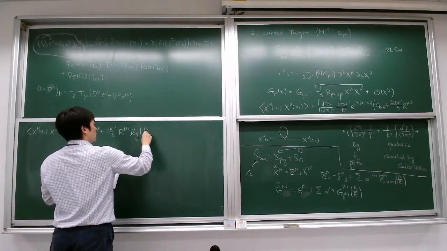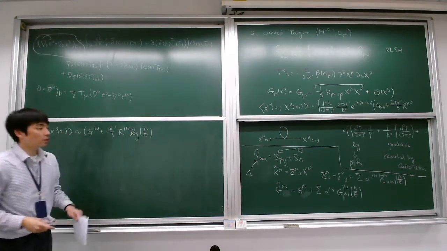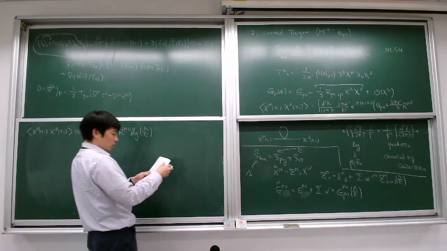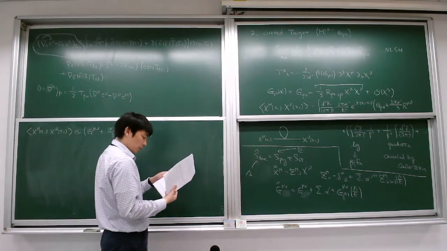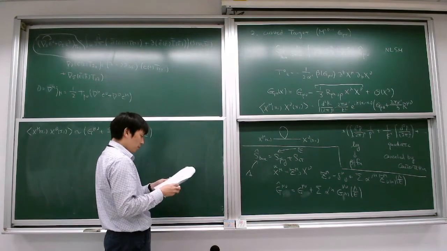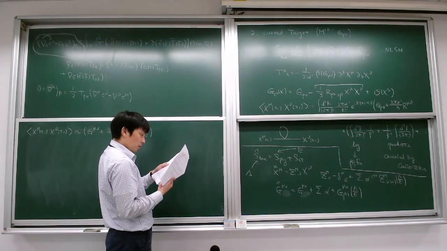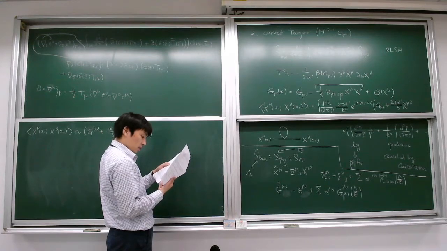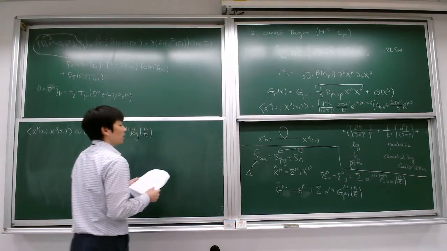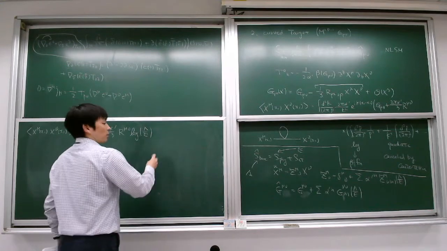This is a bit heuristic, but if you try to derive everything, it takes a lot of time. So you can just refer to the Callan-Thorlacius paper. I already forgot the reference name. What was the reference name? CT89. You can just take a look at the derivation.